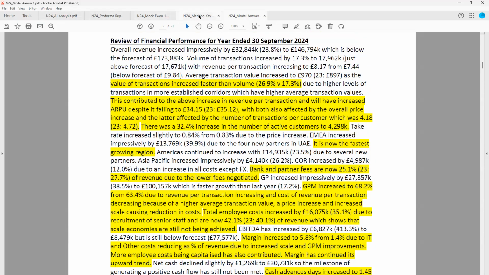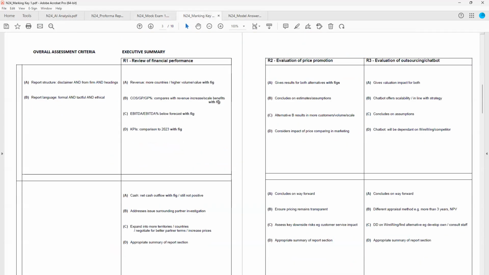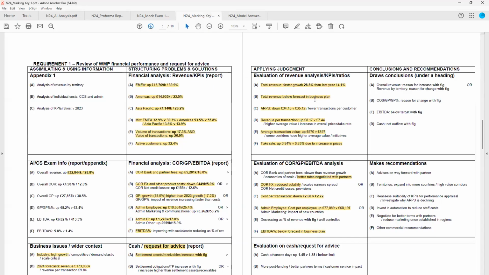So you can see with the exec summary, it isn't simply a case of just copying the conclusions, which some people mistakenly think it is. Your conclusions have just got the main points or a main point for each section so that you've addressed the requirement.